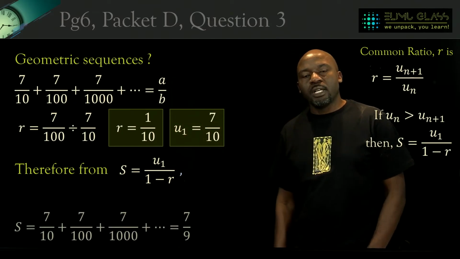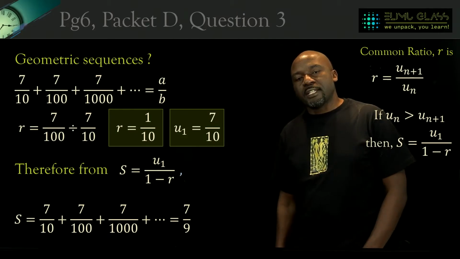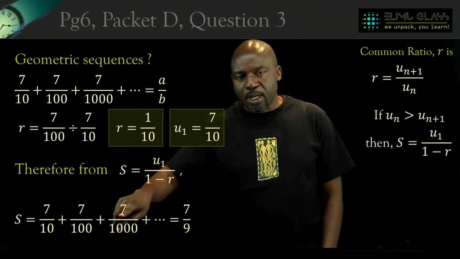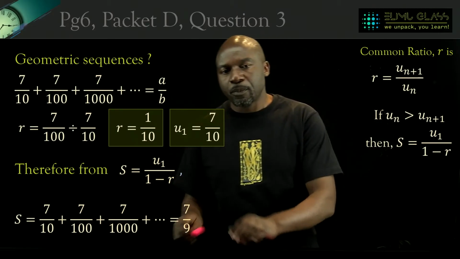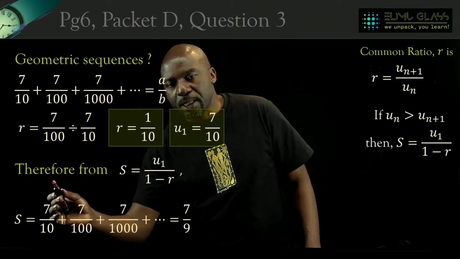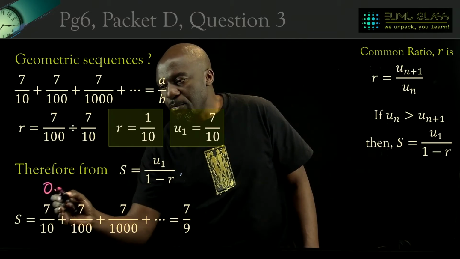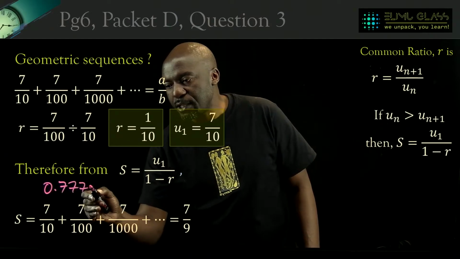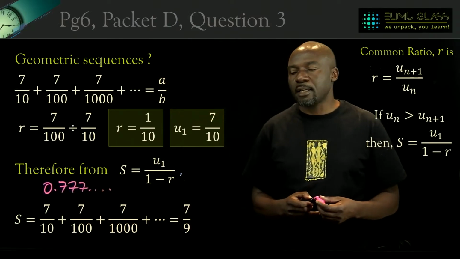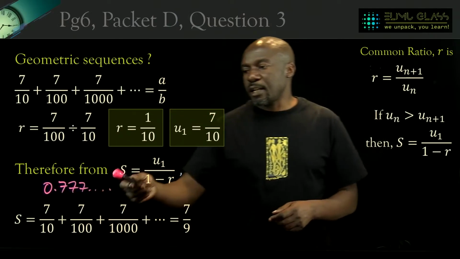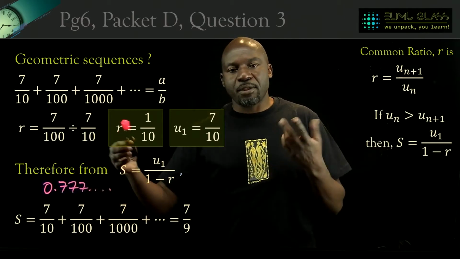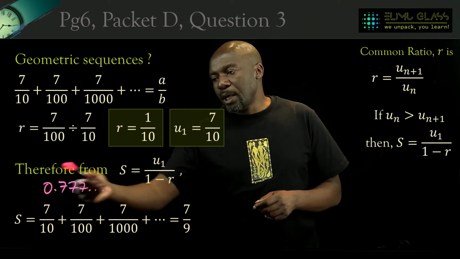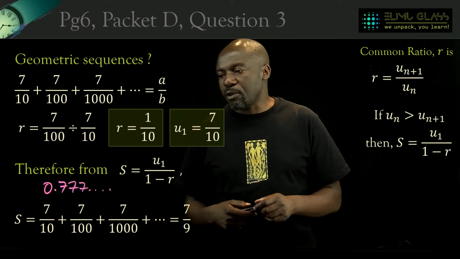We conclude that the sum of that recurring decimal, by the way, this is a recurring decimal which is also the same as 0.777 recurring, like that. All right, so you can try to use our method of changing a recurring decimal into a fraction.